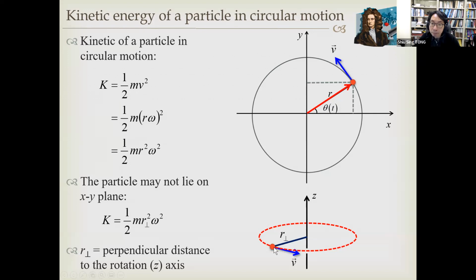So it specifies how large the circle is about the axis. So we just replaced r, which is on the XY plane in general, by r perpendicular, the perpendicular distance of the particle from the axis. So the particle may rotate in a circle that lies above or below the XY plane.